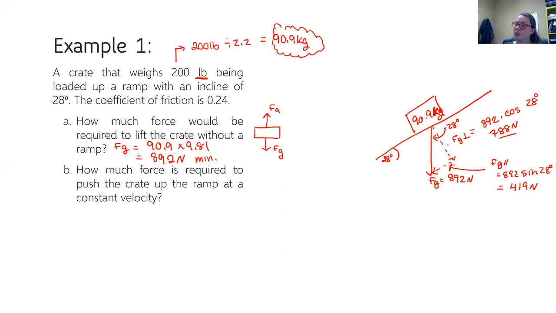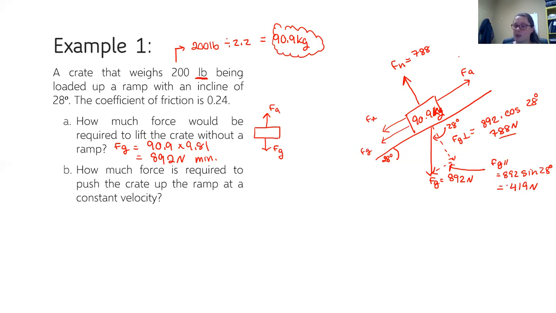The perpendicular force of gravity is equal to the force normal. That balances the forces that are perpendicular to the surface. That allows me to figure out my force of friction. So I'm pushing the crate up the ramp. So this is my motion. This is my force applied. So that means friction is going down the ramp. And we have this force of gravity that's down the ramp.